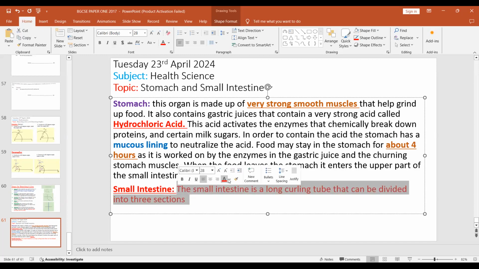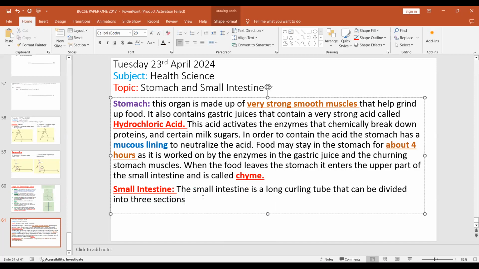Does anyone know the 3 names of the small intestine? The 3 parts? The names are duodenum, then you have jejunum, and you have ileum.